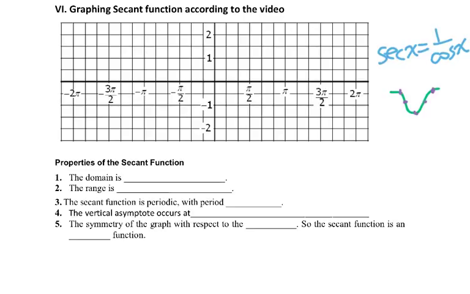From the origin, here's 1, here's 2, here's 3, 4, and then here's 5. So we connect these 5 points like this. Then extend the graph. Still we need these 5 points.